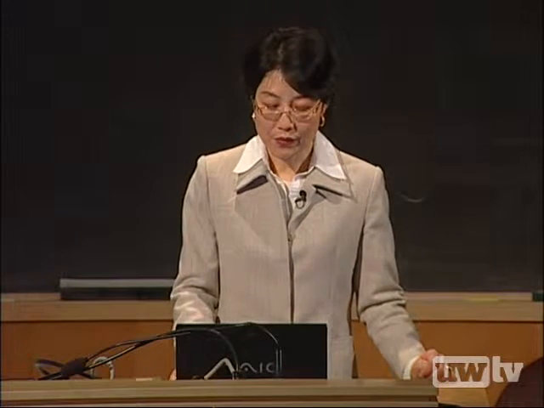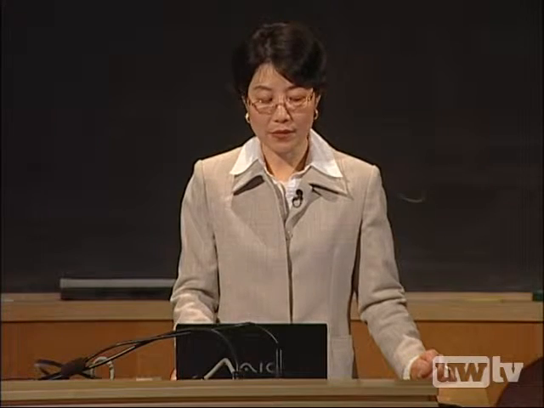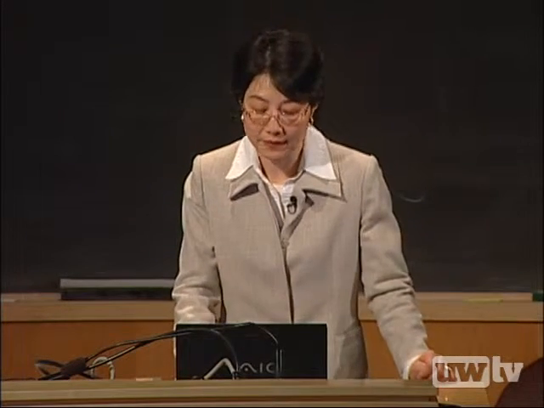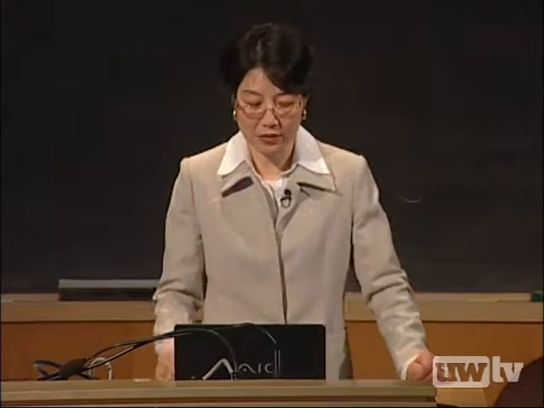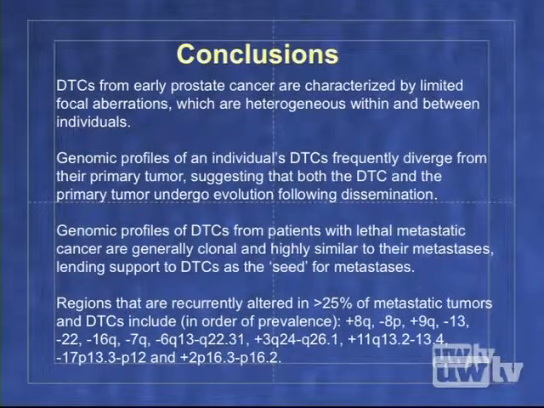So from this part of the talk, we have concluded, and it's still just a preliminary conclusion, that DTCs from early prostate cancer are characterized by limited focal aberrations, which are heterogeneous within and between individuals, and genomic profiles of an individual's DTCs frequently diverge from their primary tumor, suggesting that both the DTCs and the primary tumor undergo evolution following the dissemination.